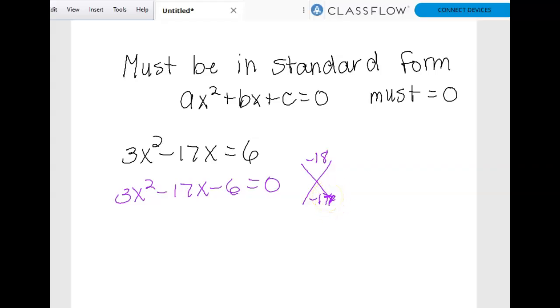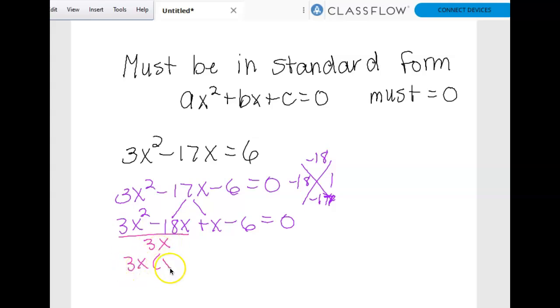So the factors I'm going to use are negative 18 and 1. And so now that I have it broken into 4 terms, my greatest common factor is 3x here.